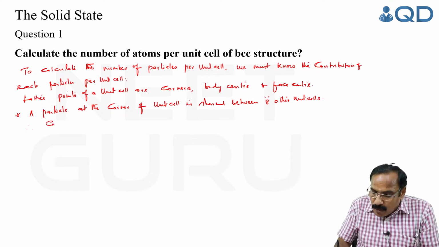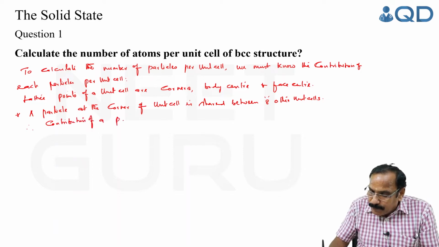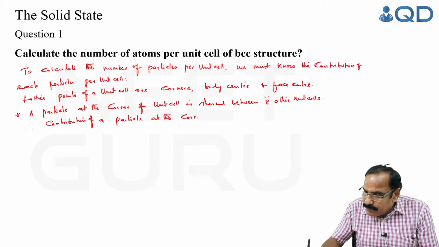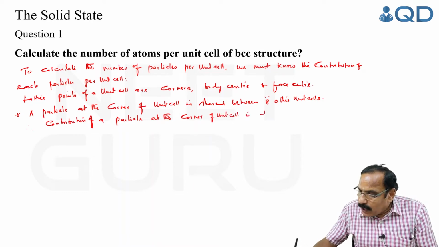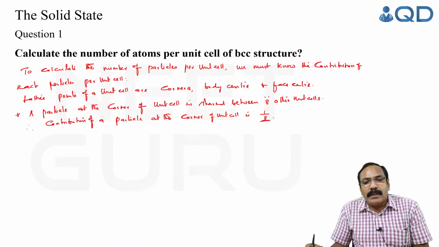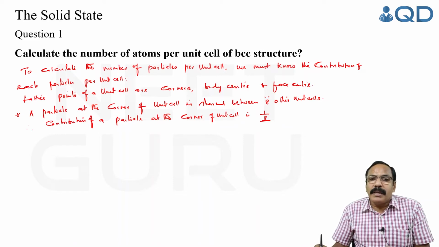Therefore, the contribution of a particle at the corner of a unit cell is 1 by 8. So, out of 8 particles at the corners per unit cell, the contribution is 8 into 1 by 8, only 1.